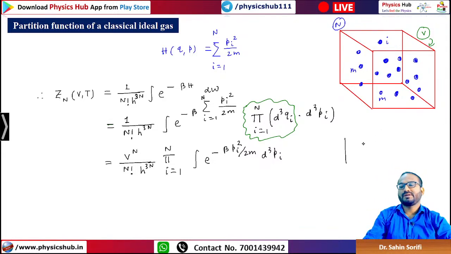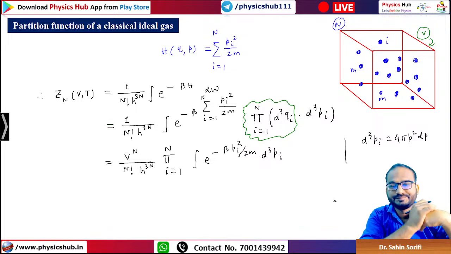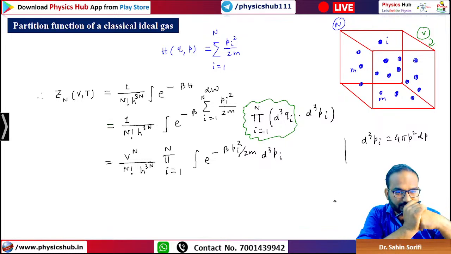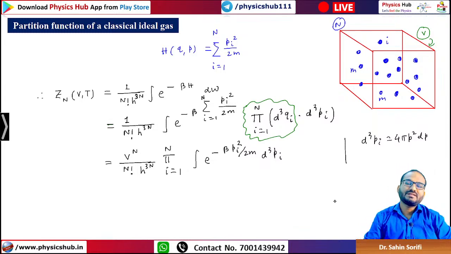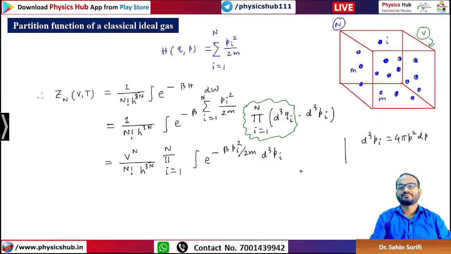So what is the volume element? d3pi, the way we write it is 4 pi p square dp, right? So is it not coming in this form?